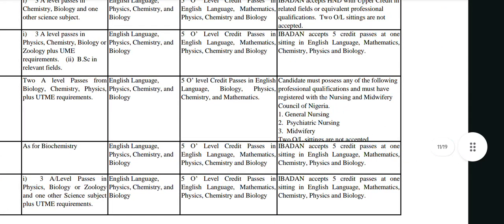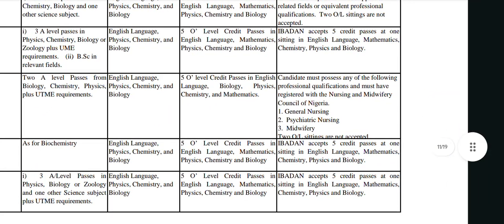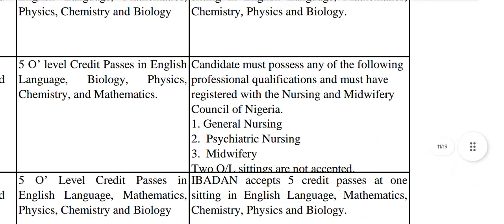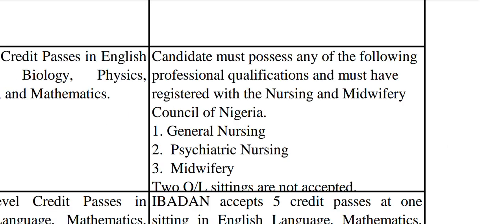So under nursing, Cambridge is clear, O level requirement is clear. So now if you are applying as a direct entry candidate into this course, you must be a registered nurse.